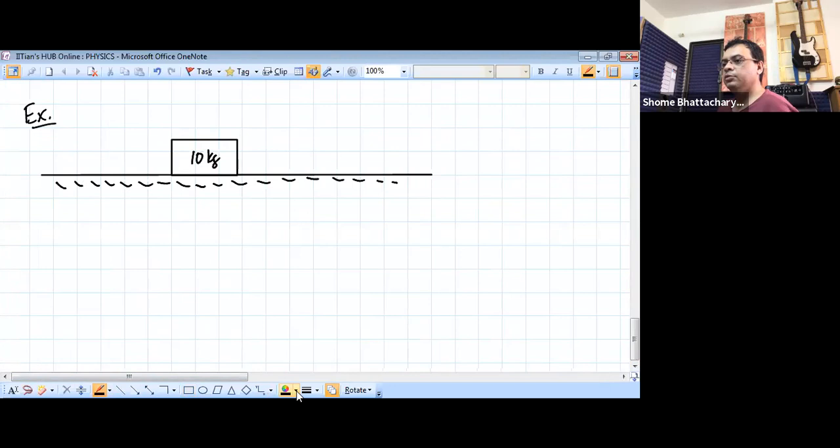But this time I'm applying two forces, and I'm also applying another force like this.